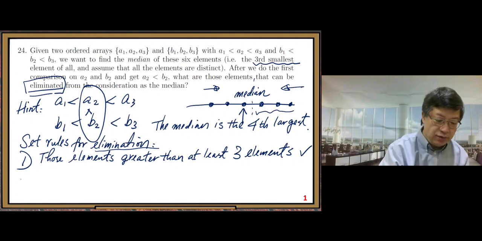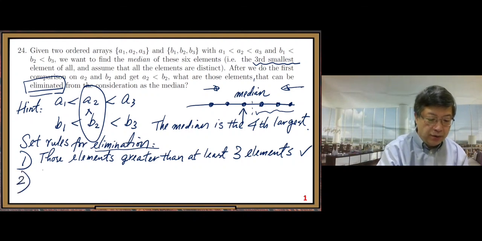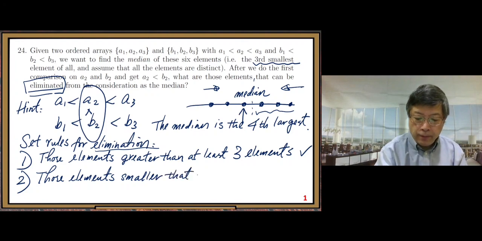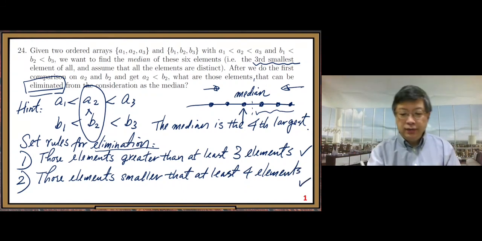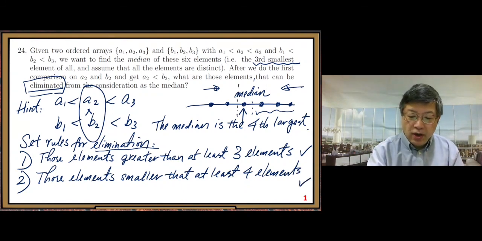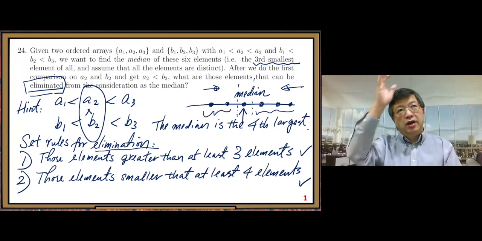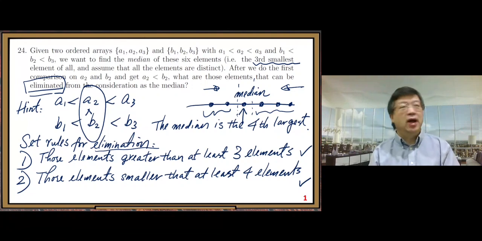The second rule: those elements smaller than at least 4 elements should be eliminated.